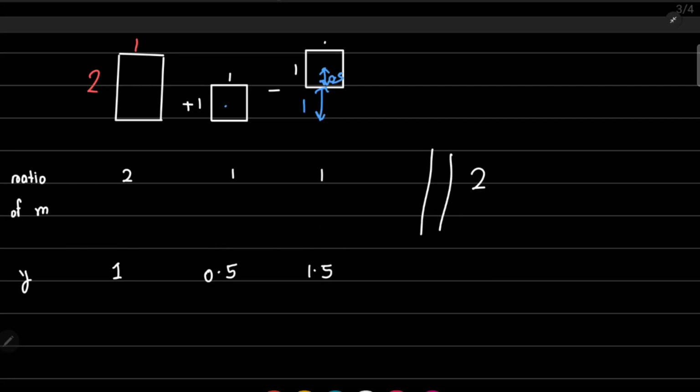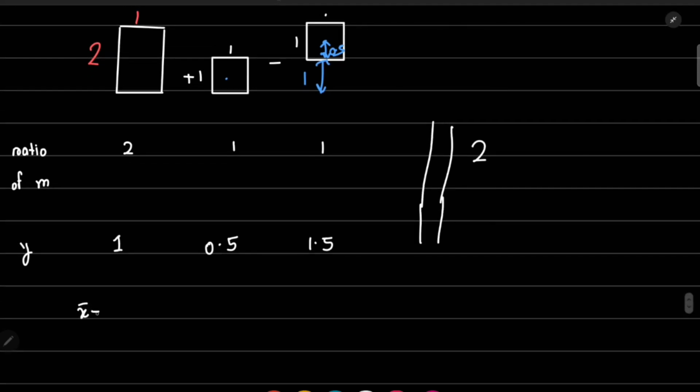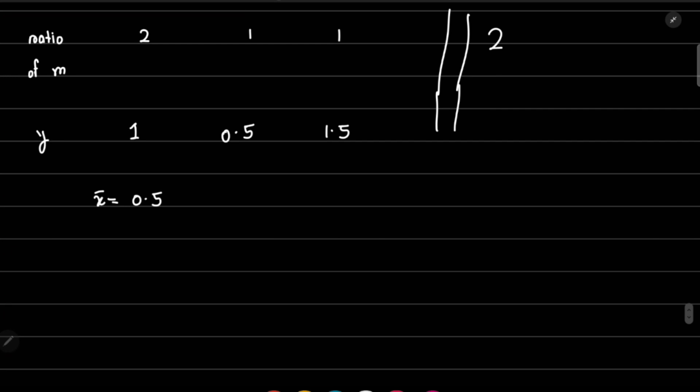So all the x coordinates are the same, so this will be 0.5 anyways. Now to find y bar, we'll have 2 into 1 plus 1 into 0.5 minus 1 into 1.5 is 2 y bar. From here we can find y bar.